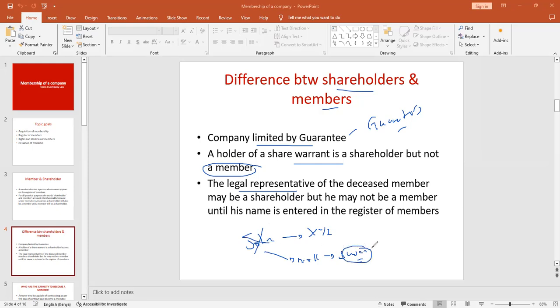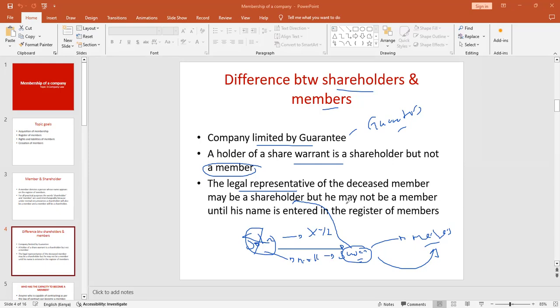But that doesn't mean Susan's name is going to replace John's in the register of members, because maybe the company doesn't see the point, or Susan is not even aware of that. So Susan may be a shareholder because she's holding the shares John had under his name, but her name hasn't been entered in the register of members, which means she's not a member.